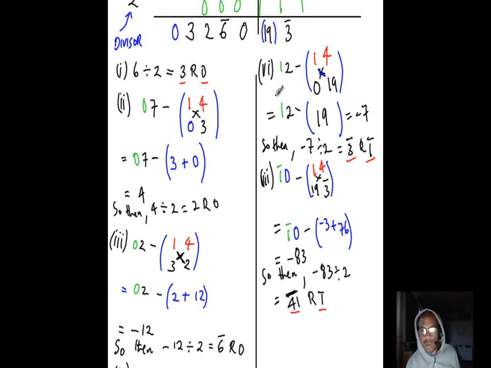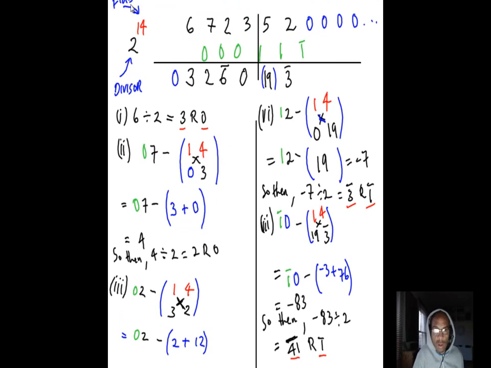So once again, let's just do that. In here, we'll put the minus 41 in here. 41 like so. And minus 1 here.